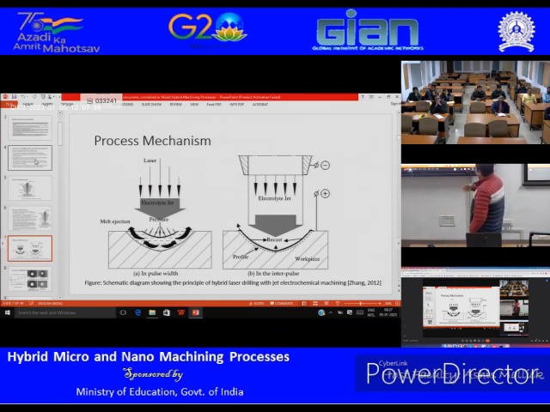Okay, so then this is in the pulse width, then in the interpulse, the recast layers are removed, and you are obtaining the profile. So definitely there will be some kerf width because of the electrochemical jet and dissolution. We just talked about that.